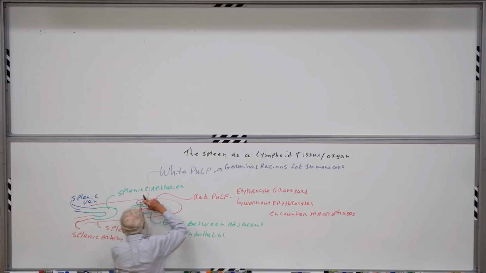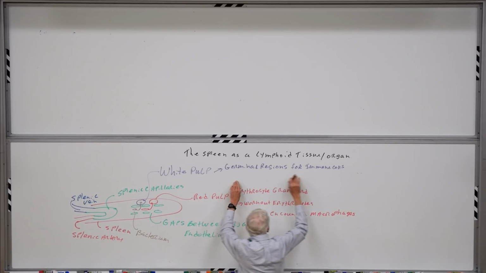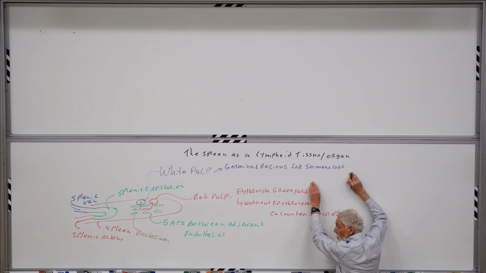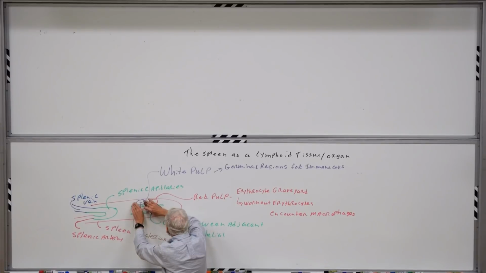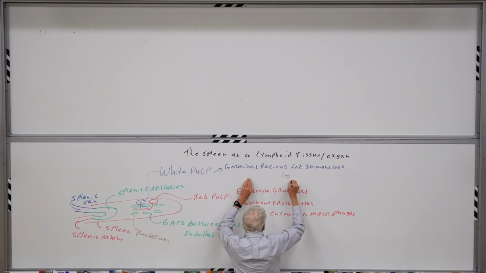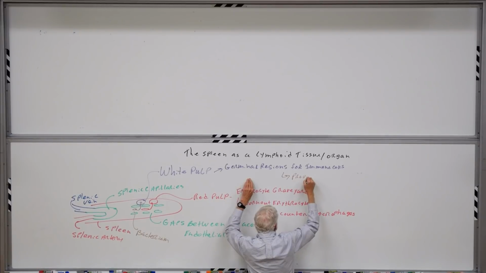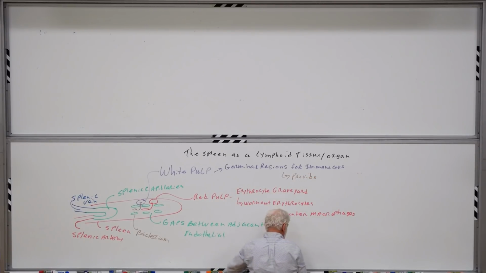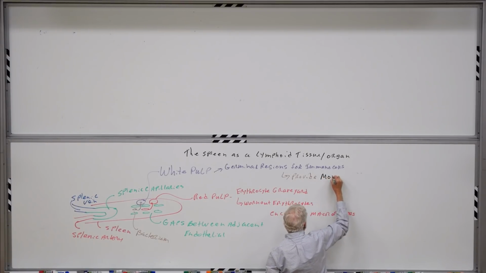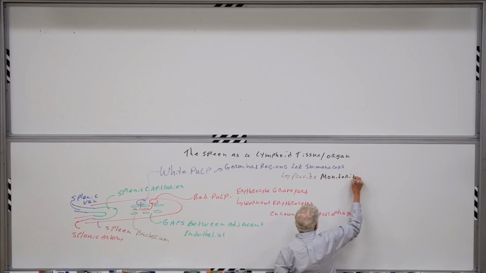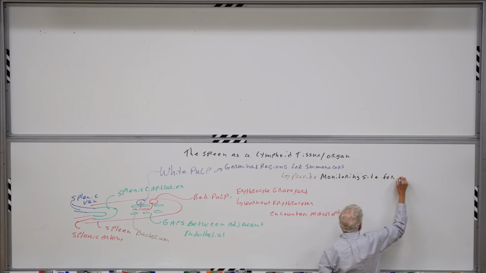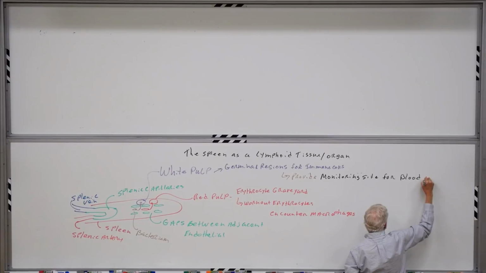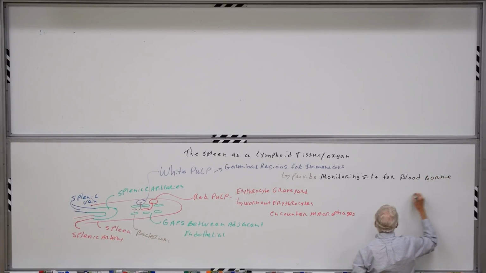Because these bacteria, once in the white pulp, are going to be exposed to cells of the immune system, these regions of the spleen, particularly the white pulp, provide a monitoring site for blood-borne pathogens.